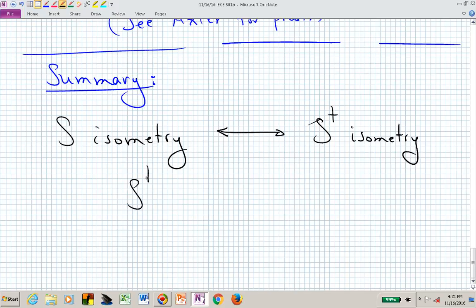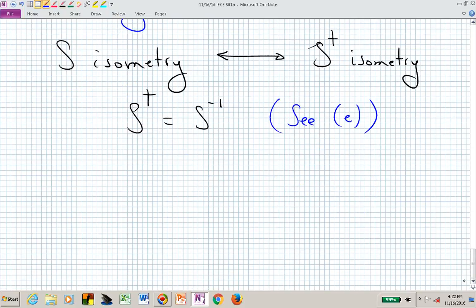Or that's saying now that S dagger, or the adjoint of S, is equal to S inverse, and we can then refer to statement E up above. We also know from those statements that S and its adjoint preserve inner products.